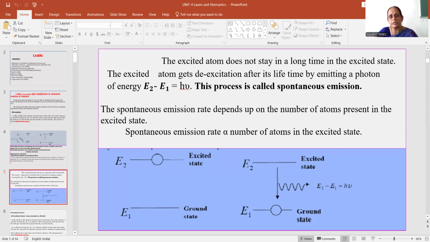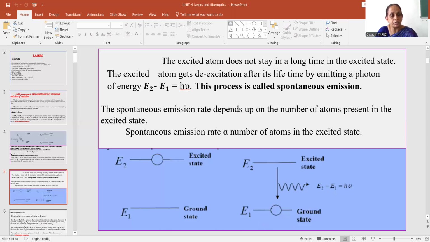So spontaneously the atom is coming back to ground state without any aid of external agency. Such a process is called as spontaneous emission. The spontaneous emission rate mainly depends on the number of atoms present in the excited state.